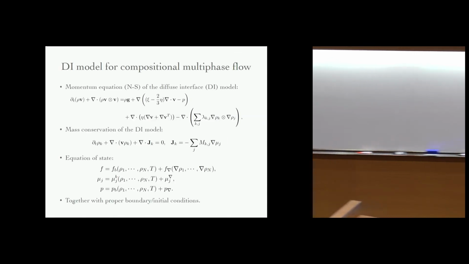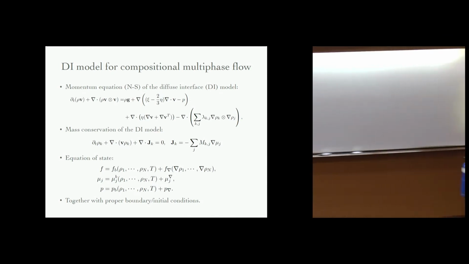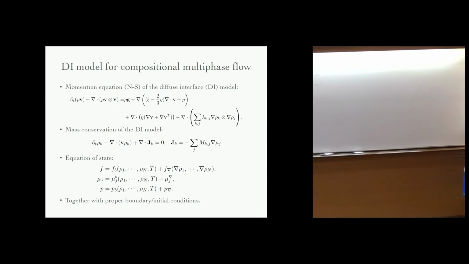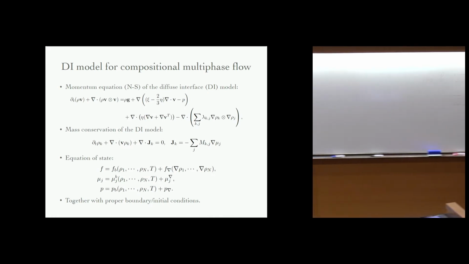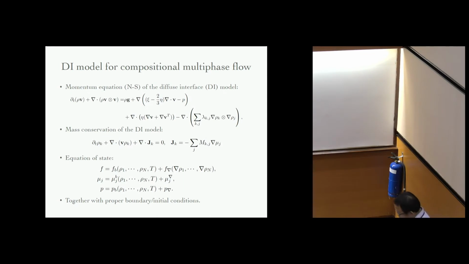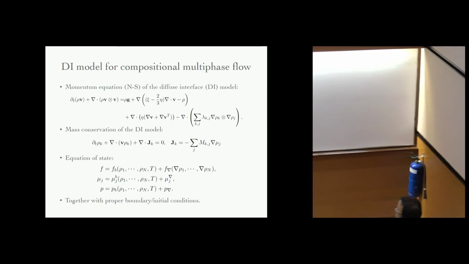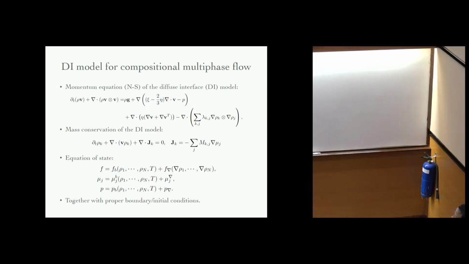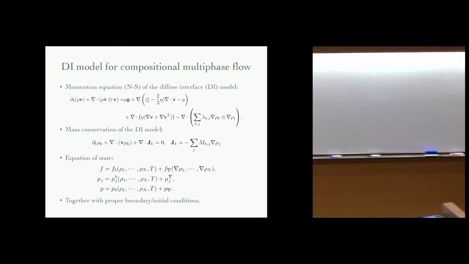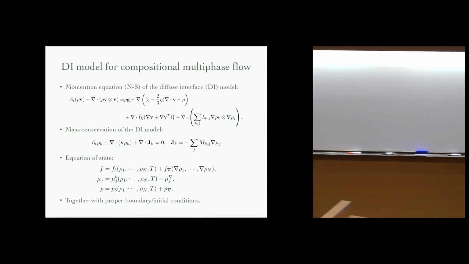This system looks simple, but it's very challenging to solve numerically because of strong nonlinearity and the coupling, particularly if there are multiple components. So we now look at a few special cases of this framework to start with, and later on we're going to look at more complex cases.